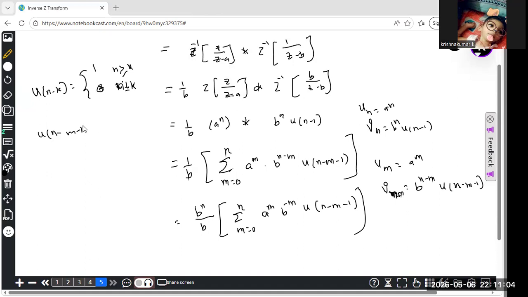Then this will be equal to 1 when n is greater than or equal to m plus 1, isn't it? Because here we have to write u of n minus m minus 1.